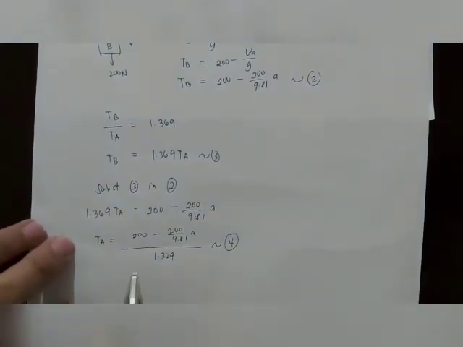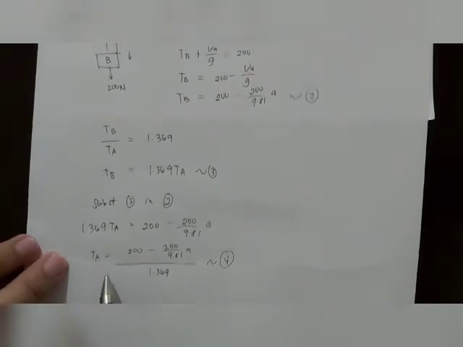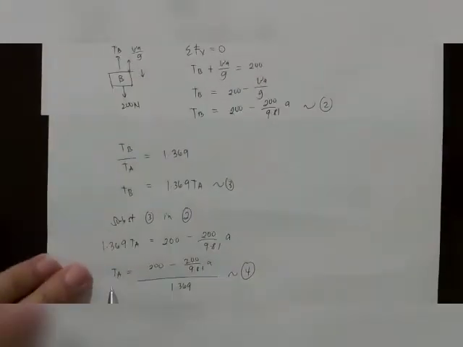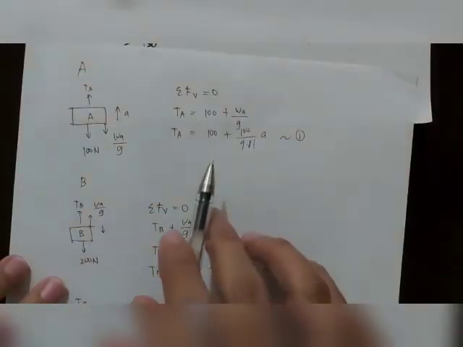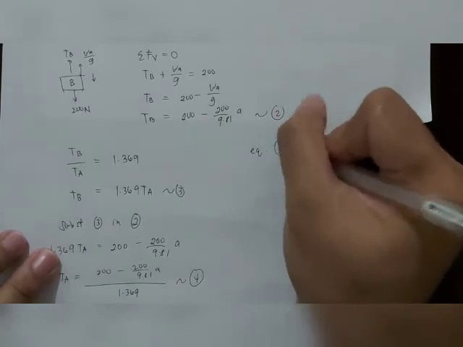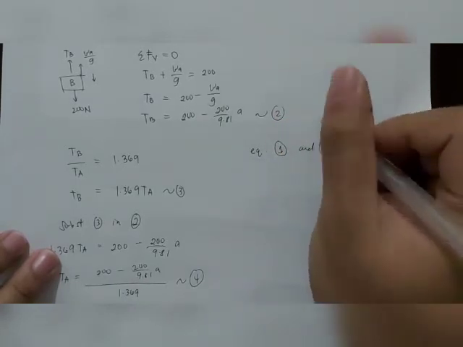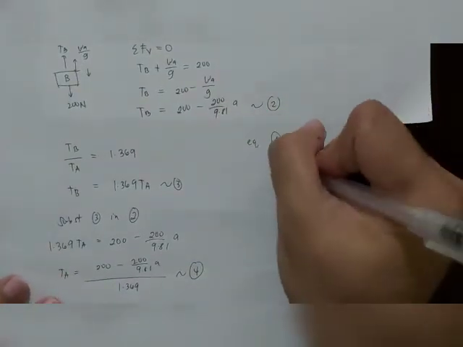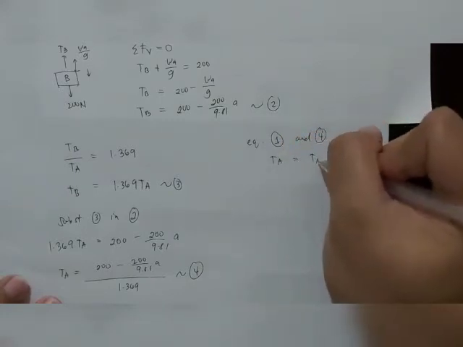So again, pwede na tayong mag-equate. Equate natin yung equation 4 to equation 1 dahil pareho silang tension A. So equating 1 and 4, we have TA is equal to TA.